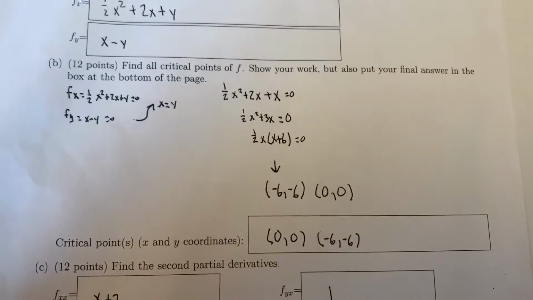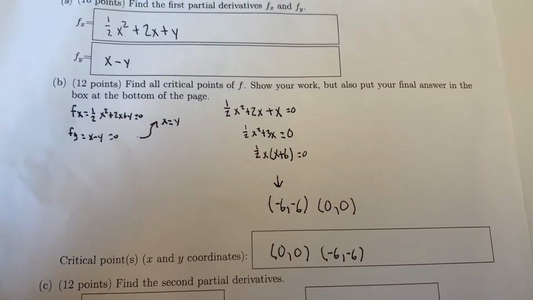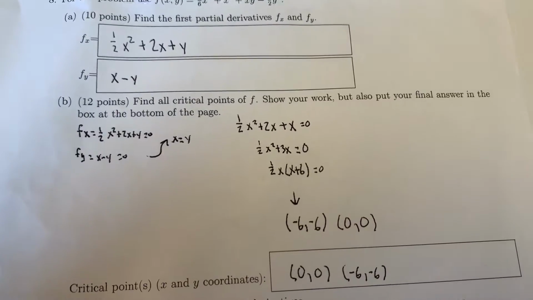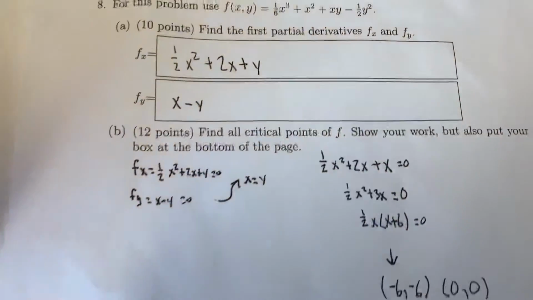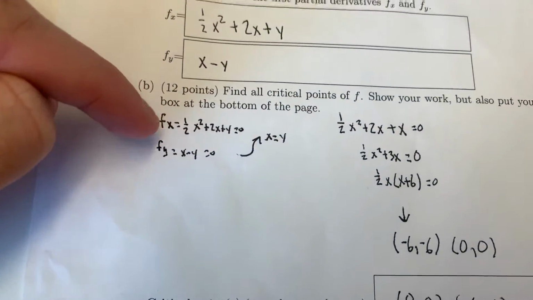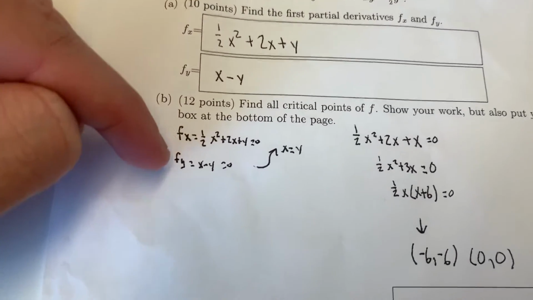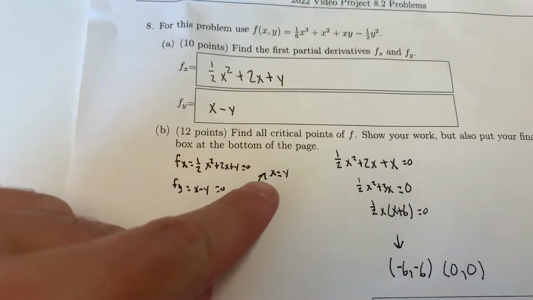So as we go here, we are asked to find the critical points of these. So by doing that, we will actually be using our f of x and our f of y. And right here, we will set these equal to 0. And as we set x minus y equal to 0, x equals y.